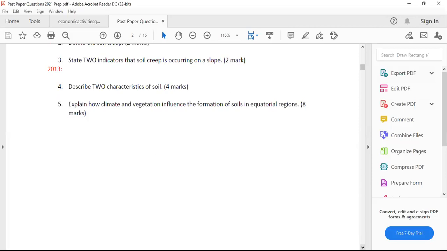So how does that influence the formation of soils and the type of soil in the equatorial region? What is the type of soil found in equatorial regions? Latosols. Latosols, very good. So latosol is formed because what happens with the vegetation there?